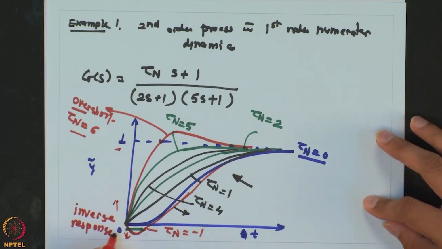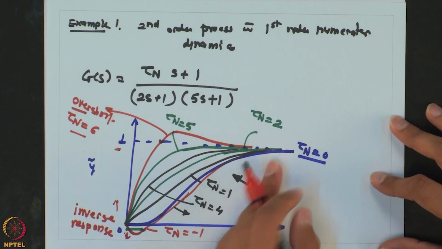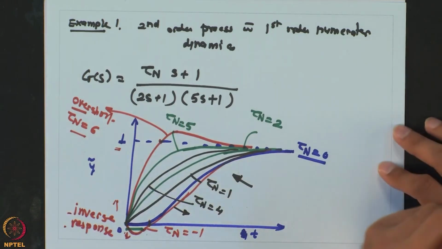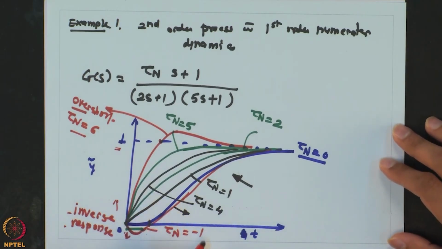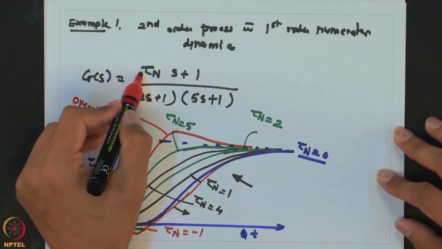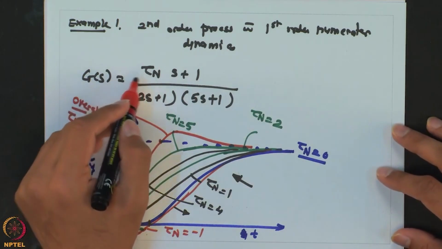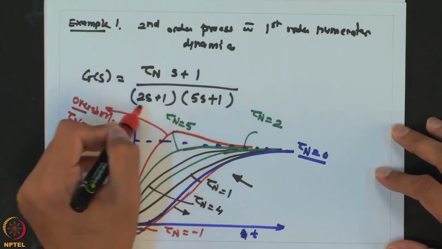So, the initial response is exactly opposite to what the final response looks like, and there is a crossing of the response y equal to 0. So, this kind of inverse response happens due to numerator dynamics when tau n is negative. By just changing the numerator, which changes the zero of the system, the poles of this system remain constant.